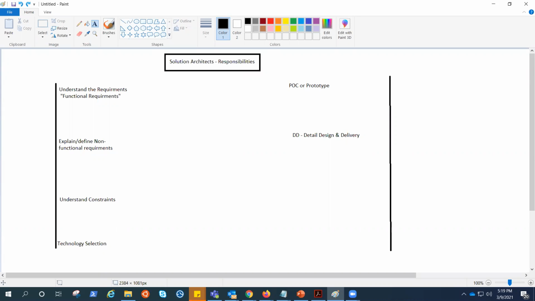So once the working sessions or these meetings are done where all those previous responsibilities are done, then you would ask for some time to prepare your detailed design, because you have to put together everything in words as well as in the diagram design. So that's what DD is, detailed design and delivery.